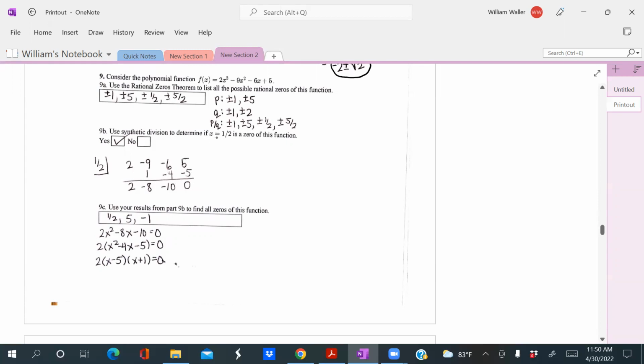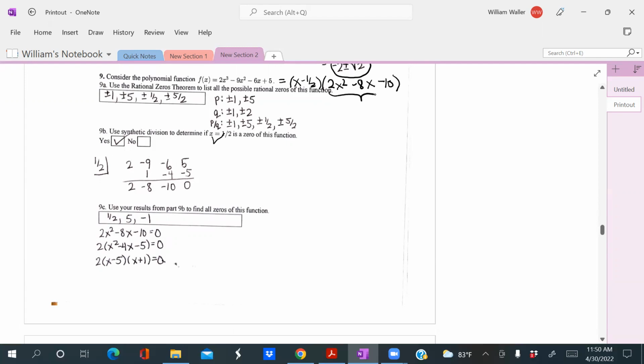So that means bingo, 1/2 is a 0 of this original polynomial, correct? Actually, this polynomial, now we know factors as what? From looking at this computation here, we know it factors as x minus 1/2 times, what's the quotient here? 2x squared minus 8x minus 10.